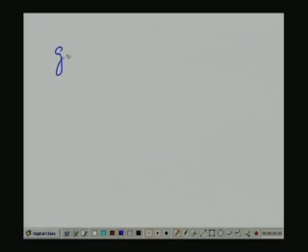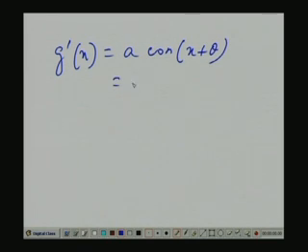And what is g prime x? G prime x will be a cosine x plus theta, which is nothing but what?